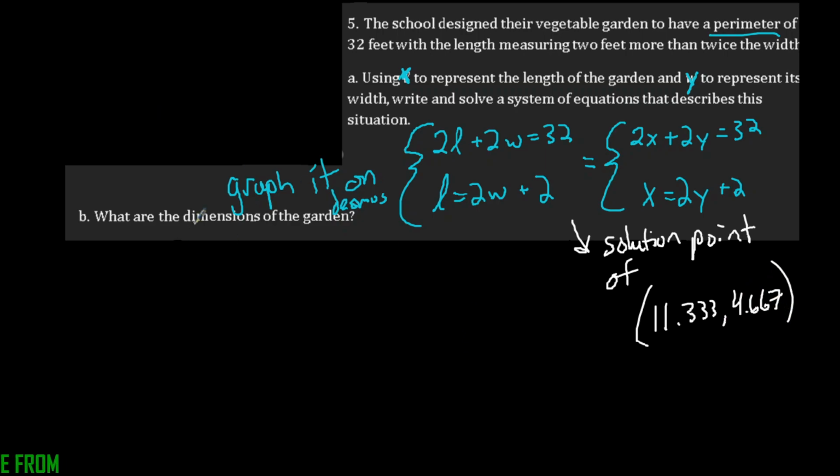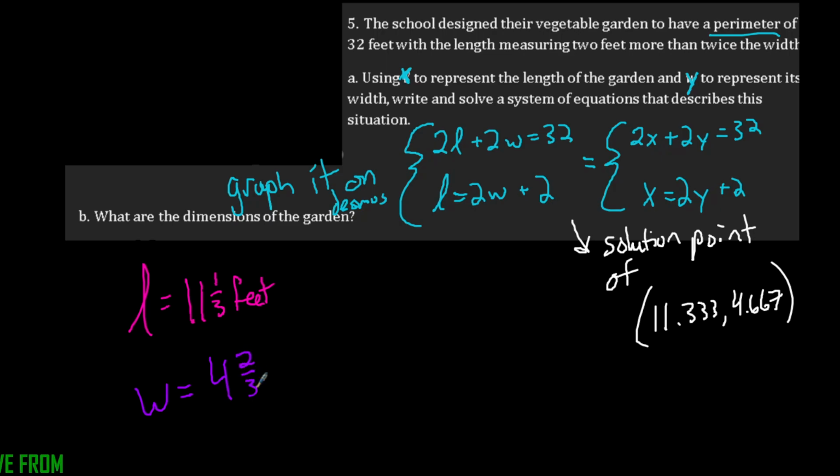That's the same as saying the length is going to be equal to 11 1/3 feet, and the width is going to be equal to 4 2/3 feet. So make sure you can switch between those decimals and fractions.